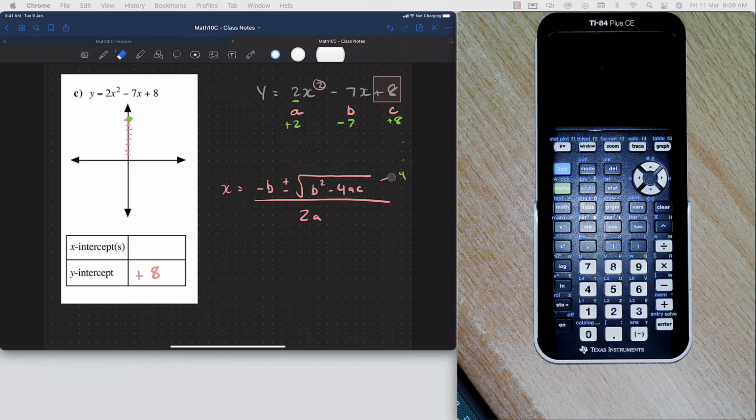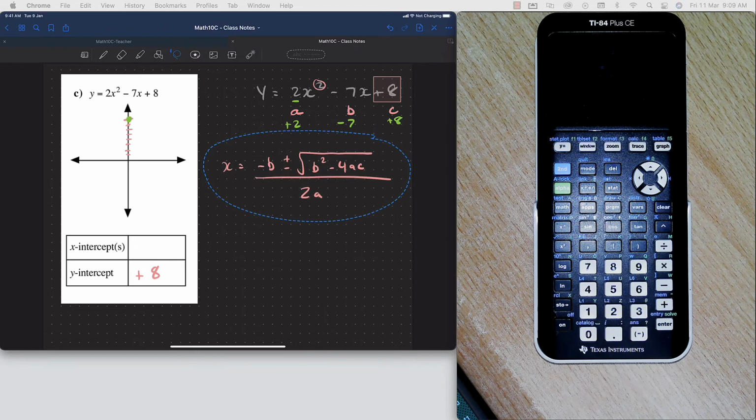Just delete that, give ourselves a little bit more space, move this up a little bit. Okay, so in this case, all I have to do is substitute those values in there and start off by selecting one of these values. So negative b is a negative 7, so that's going to be a positive 7.